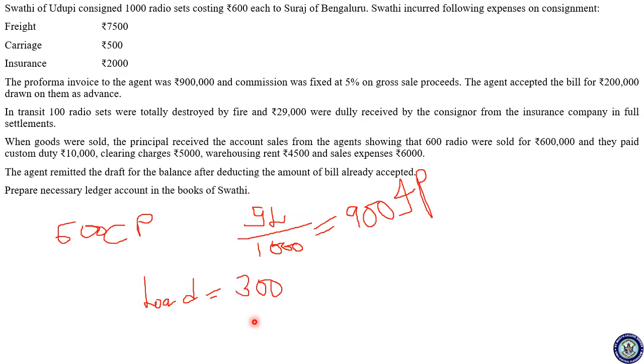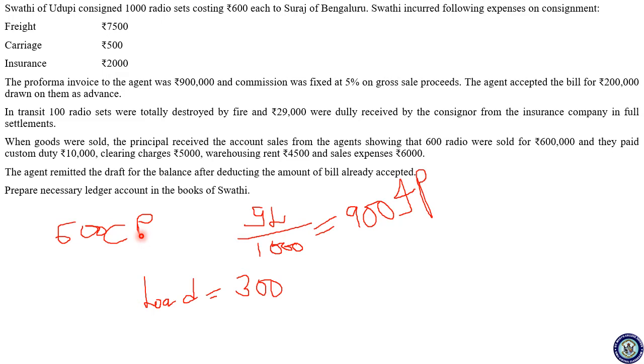If you want, you can copy it down on this point. The cost of each radio set is equals to 600. Next line, right?